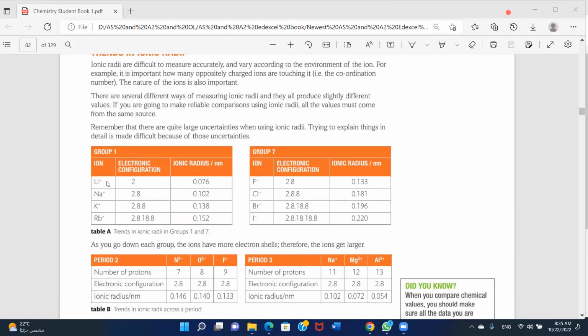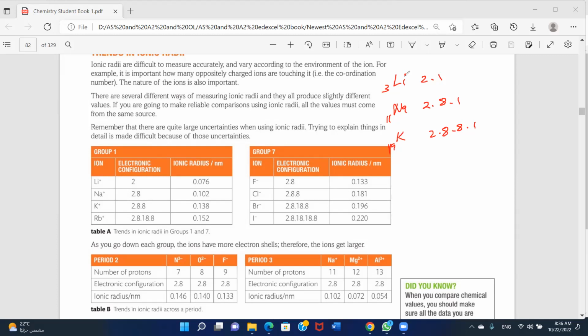for example, if we are talking about group 1 ions, we'll see that lithium has 3 electrons. At the beginning, it was 2, 1, and then sodium had 11 electrons, so it was 2, 8, 1. Potassium has 19 electrons, so it was 2, 8, 8, 1, and so on.